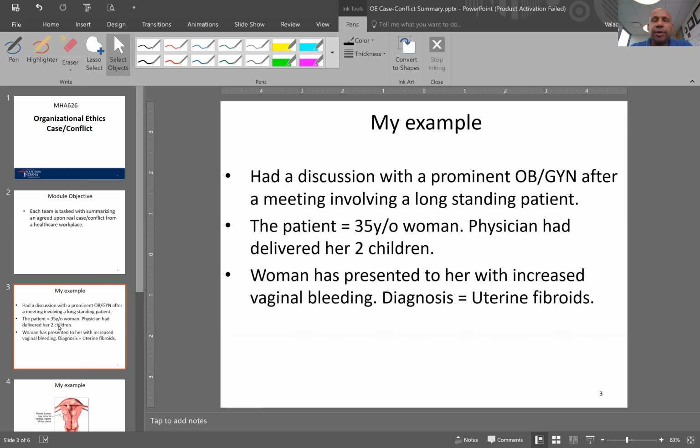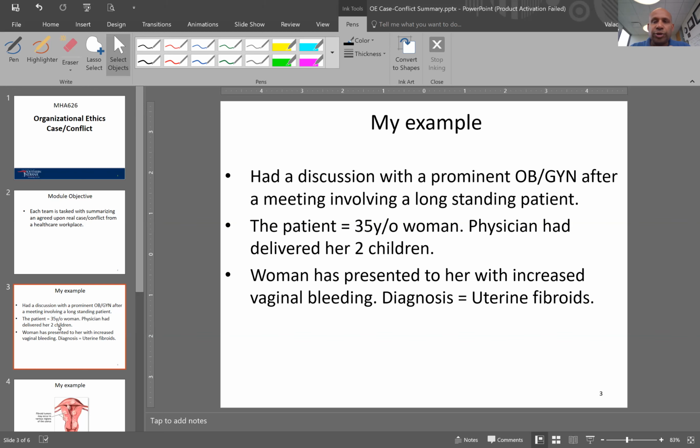This example is from a number of years back. It's actually not in the Southern Indiana region, but because of my background, I've had the privilege of serving on ethics committees for hospitals, health systems, and regional type organizations in the past.